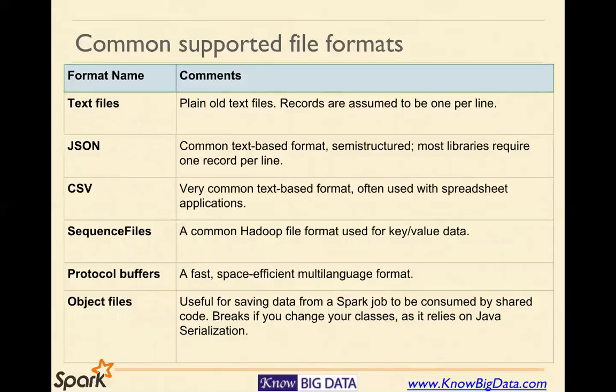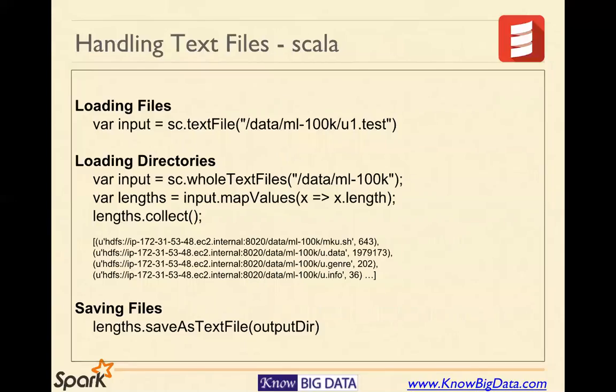So the various file formats other than text file, CSV file, JSON, sequence file and protocol buffers, there's something called object files, which use Java serialization to save data.